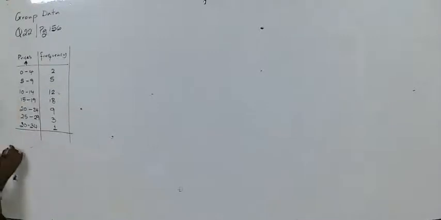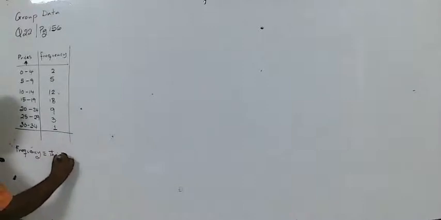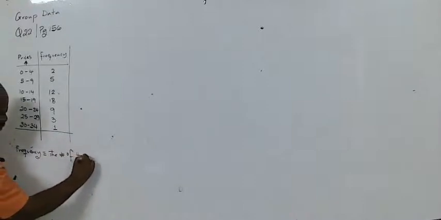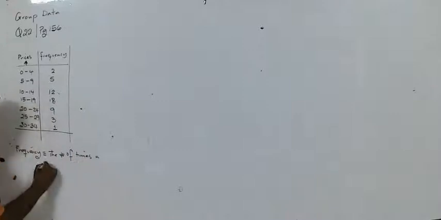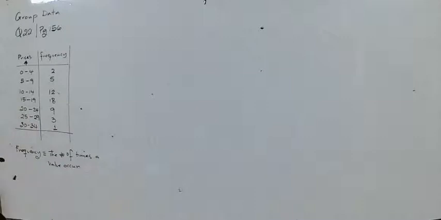First of all, I would like for you to know the meaning of the word frequency. Frequency is the number of times a value occurs. I would like you to know that N stands for the number of values.